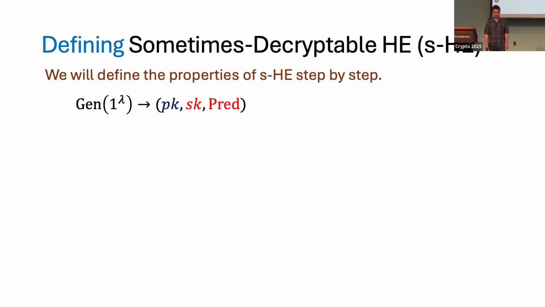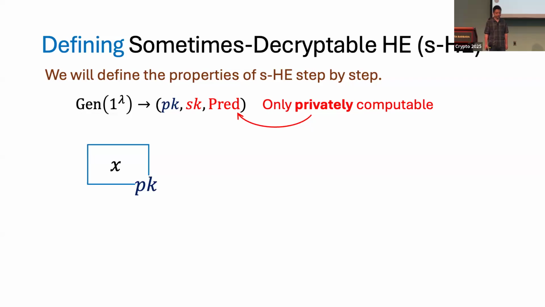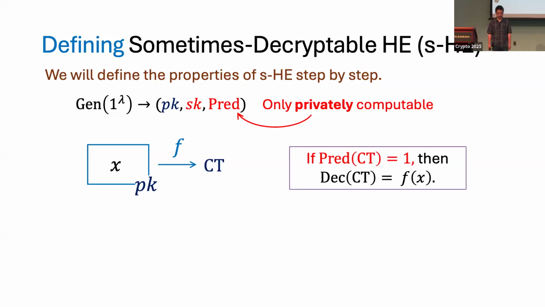Firstly, in the keygen algorithm of this homomorphic encryption, we additionally put in some predicate, and this predicate is only privately computable. It is used to decide whether a ciphertext can be decrypted correctly. So given any ciphertext, you can homomorphically evaluate on it to get some ciphertext.